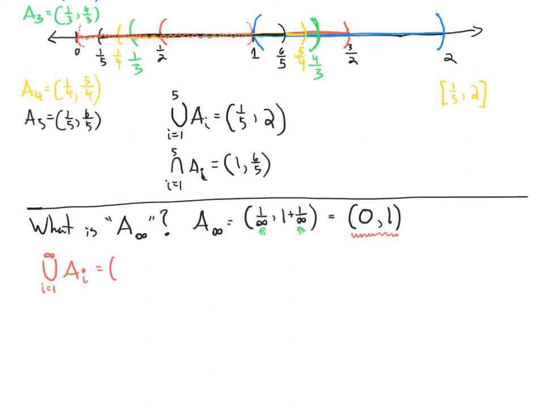And remember, it's a union, so it just has to be in 1. So we can just say what we're adding by keeping on going. A sixth would take us to a sixth, and as we keep on going, we get all the way to, but not including, 0. So the union has everything from 0 to 2, but not including the endpoints, of course. So that is the infinite union.